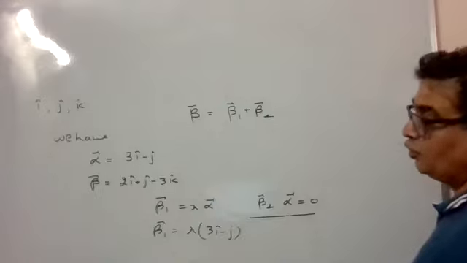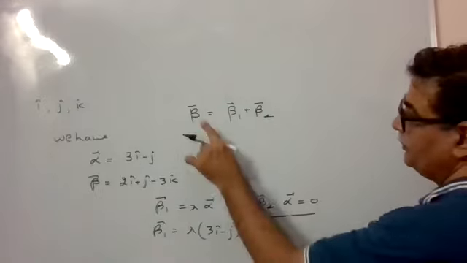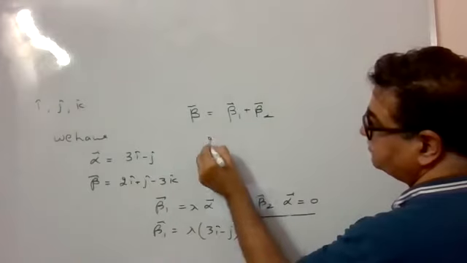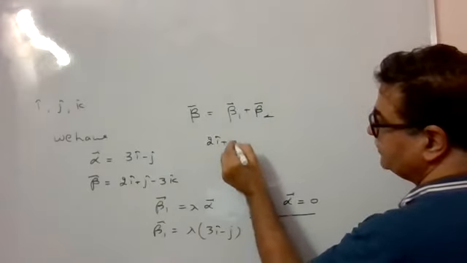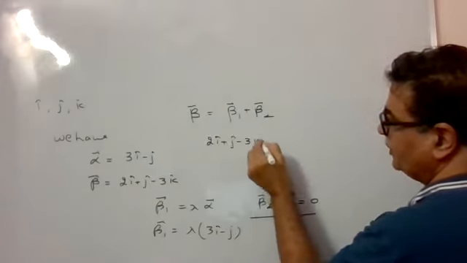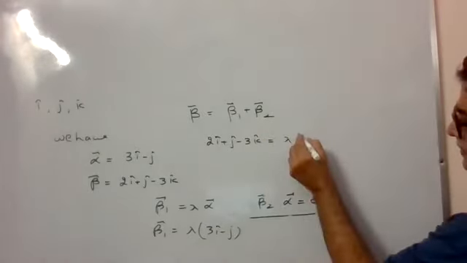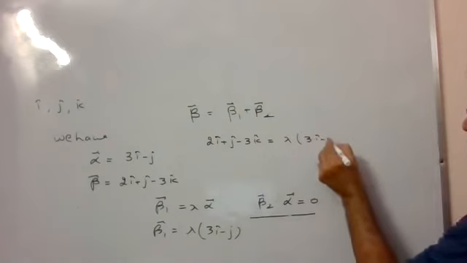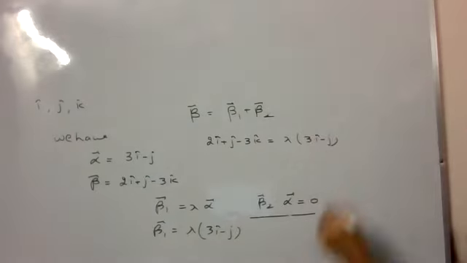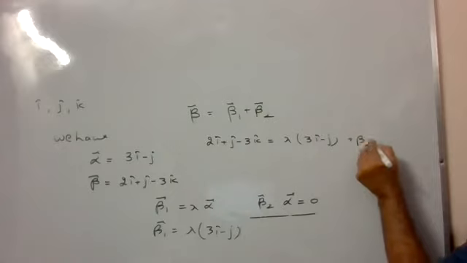Then I need beta 2. बीटा 2 हम यहां से निकालते हैं. देखो बीटा वेक्टर आपके पास ये रहा. What is that? 2i plus j minus 3k equals beta 1, which is lambda times of 3i minus j, and then plus beta 2 vector.